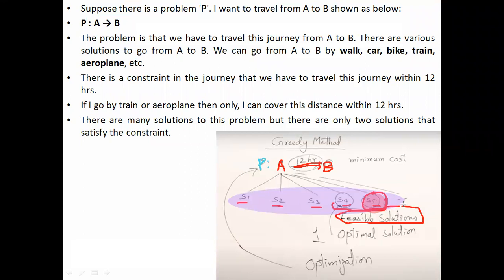Okay, so a feasible solution is provided by dynamic programming, but in the greedy method, it is an optimization problem. That problem is minimizing the cost of traveling or solving the problem.